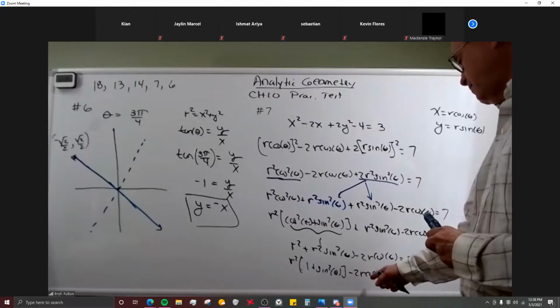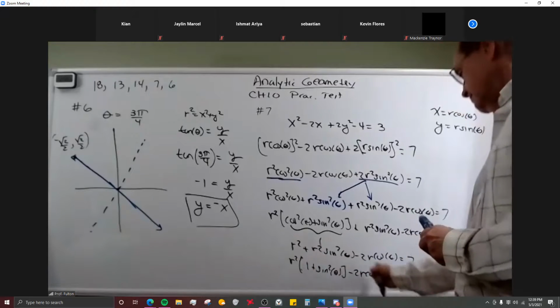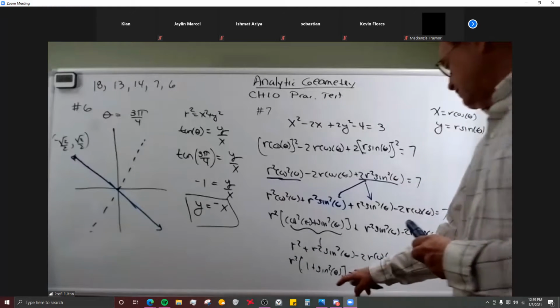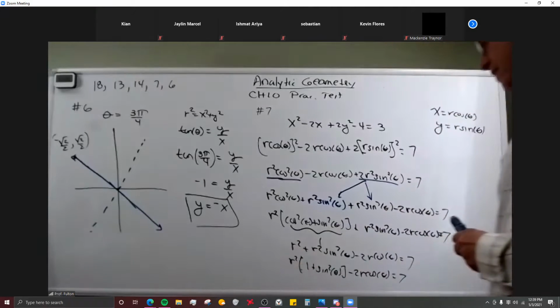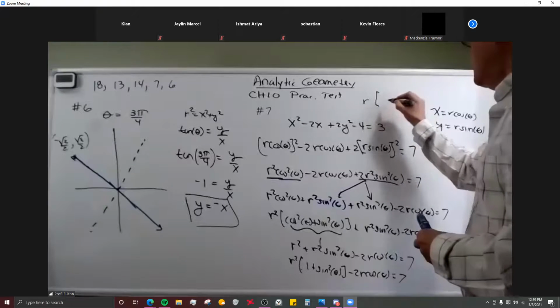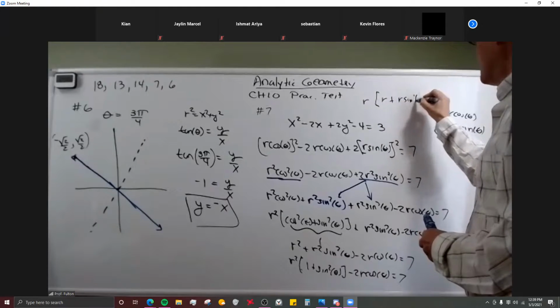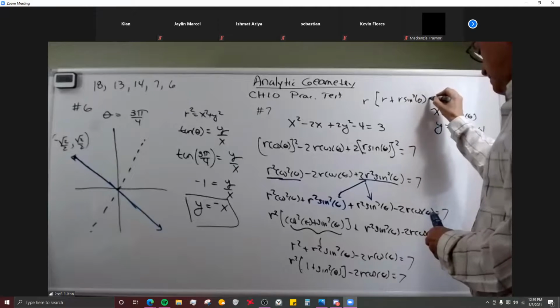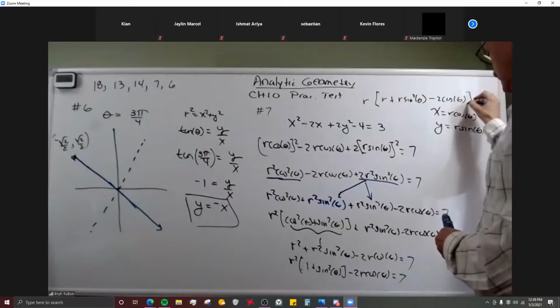And you could pull out an r over here, but then it's, I mean, what you could do is if you pulled out an r with everything, yeah, we could, but this would only be an r out front. So another way of writing it would be r, and then you'd have your r plus r sine squared theta minus 2 cosine theta is equal to 7.